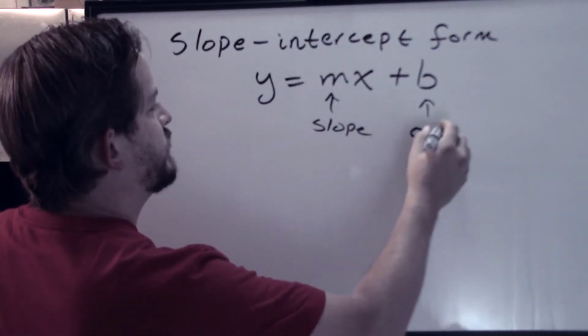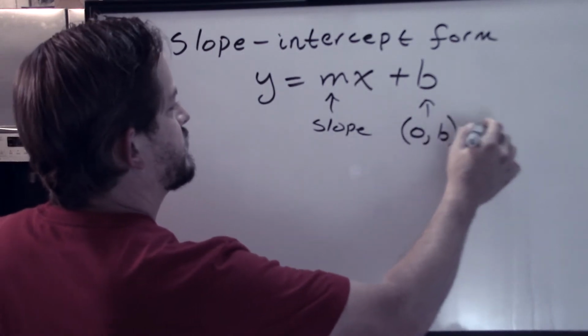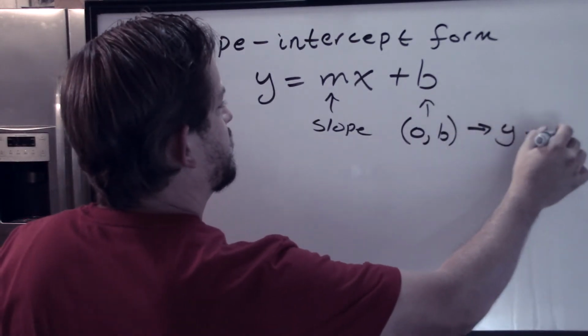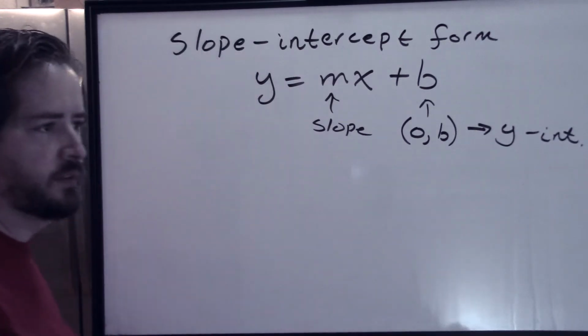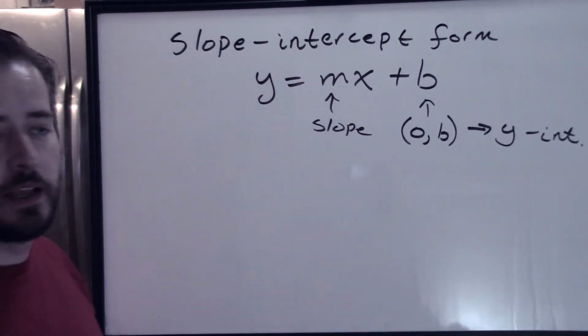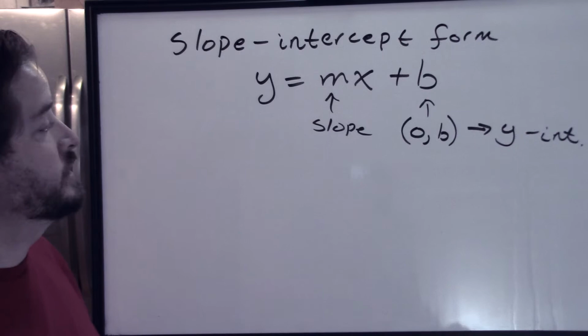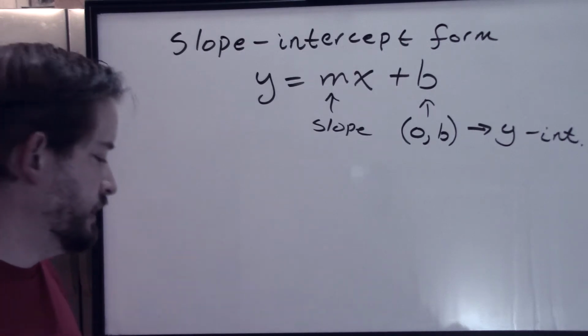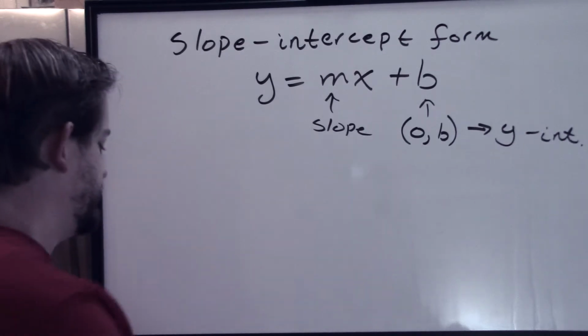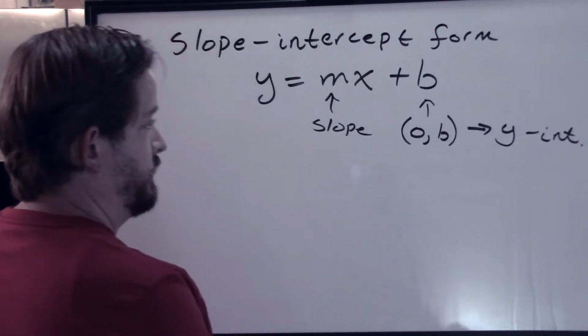So 0 comma b gives us the y-intercept. So it gives us a lot of information, and I can graph equations in this form rather quickly. So let's graph a couple of these and see how quick it can be.